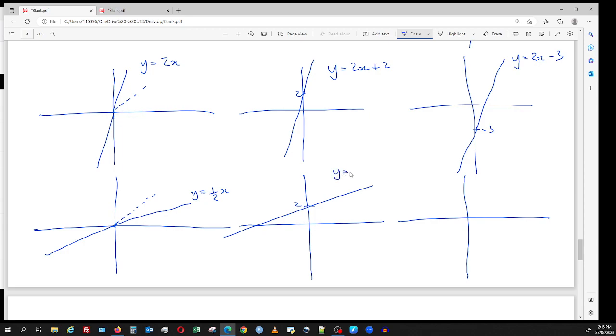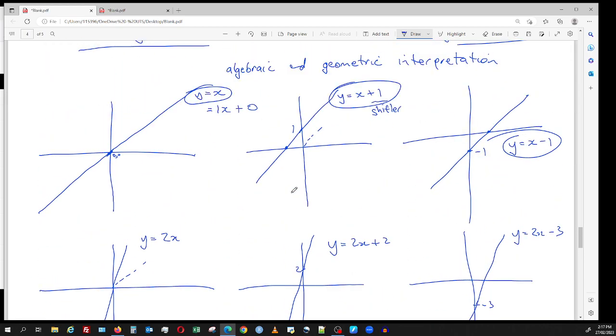So y is half as steep, but it's been shifted up. For this one here, it's been shifted down to minus 1. So we've got y equals half as steep at minus 1. So look at all the equations we're generating. It's quite amazing, isn't it? So we've got steep, less steep, the same, generating all of this.